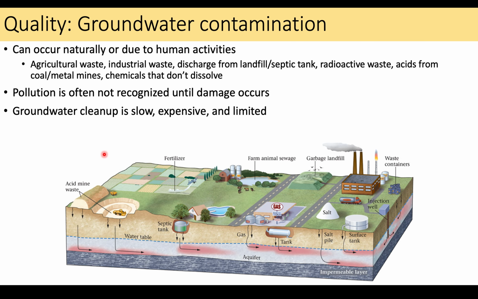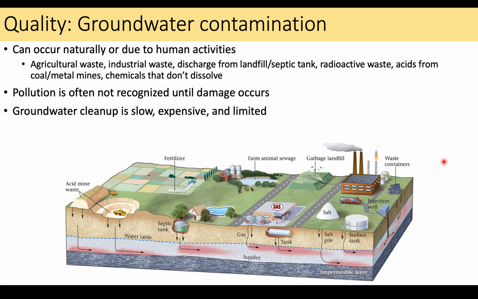So agricultural waste, waste from industry, septic tank discharge, landfills. What else do I have listed here? Different chemicals. Oh, mining. So acids from mine waste, just the waste of mining. Fertilizer from farming. All of those chemicals. All of that can infiltrate downwards and get into our water table.